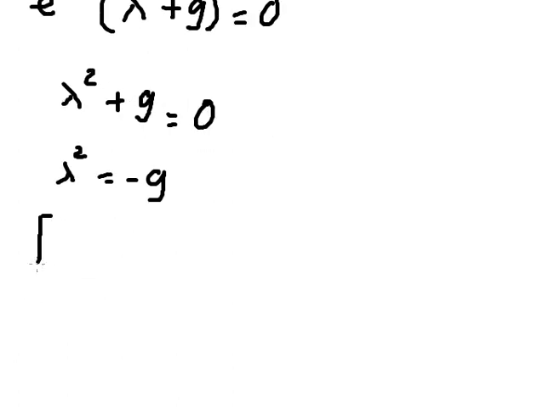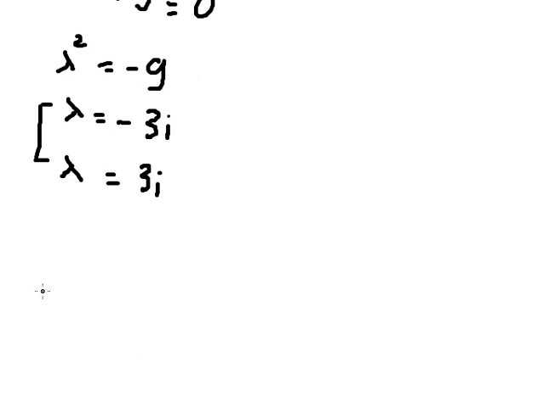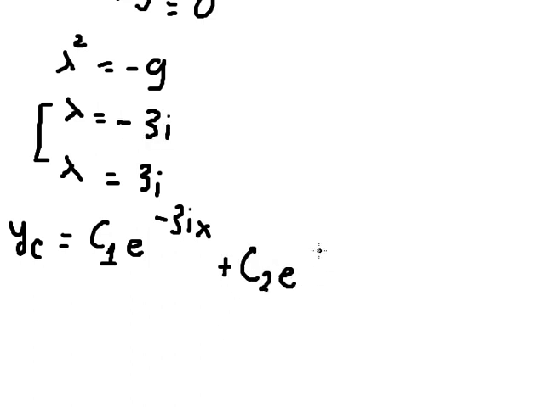Then we take the square root of both sides, and we have lambda equals negative 3i and lambda equals 3i. This is about complex numbers in here. So that means we have yc equals c1 e to the power of negative 3it, so we change lambda into the value of this one, and we have c2 e to the power of 3it.